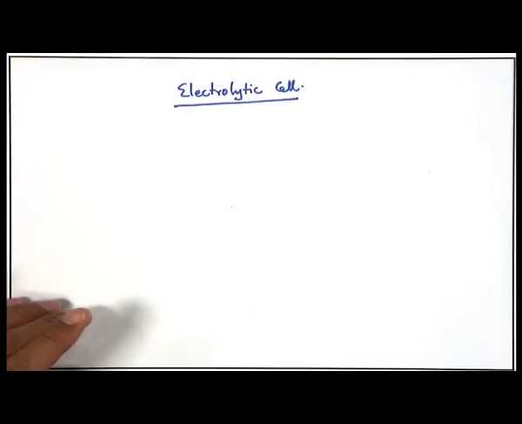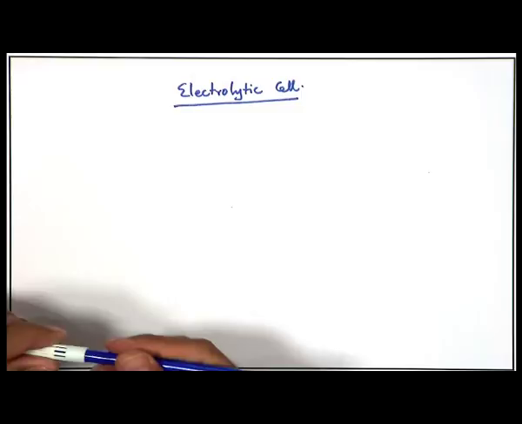In that case it will be an electrolytic cell where electrolysis takes place. Now, what is the difference between a galvanic cell and an electrolytic cell?